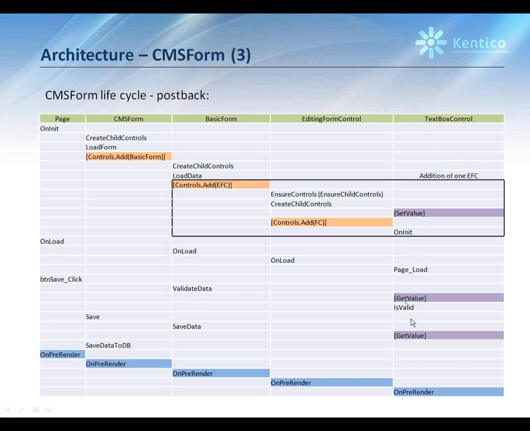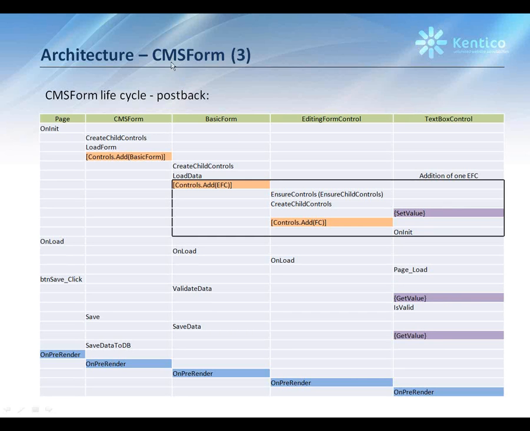As you can see from the editing form control point of view, set value, get value, and again get value methods are called. So this is something that you need to pay attention to, from where and how often the set value and get value methods are called when designing a custom form control.